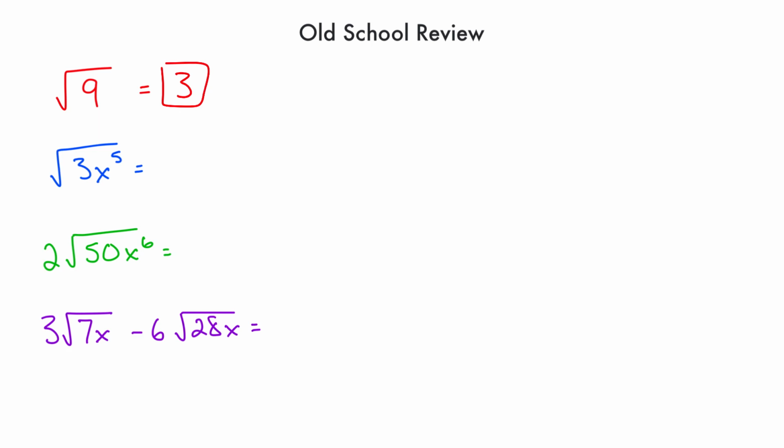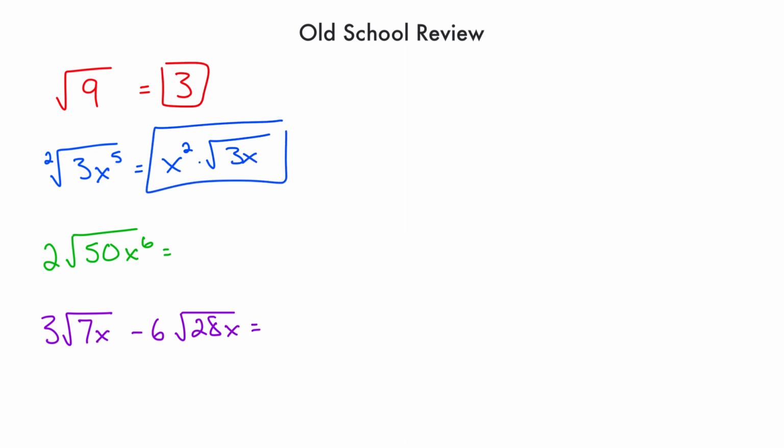Well, I can't square root the 3, so the 3 is going to stay underneath the square root. But when it comes to the variable x to the 5th, remember this is a second root. So I ask myself, how many groups of 2 can I pull out of x to the 5th? You pull out 2 groups of 2. So we're going to factor out an x squared, and that'll be 3x that remains inside of the radical.